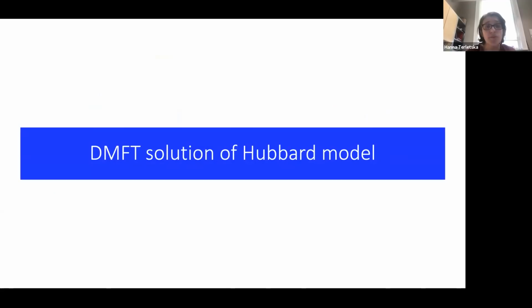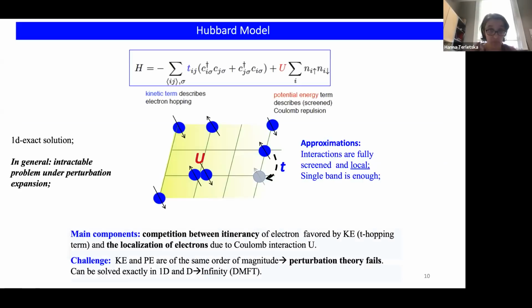And then DMFT came into play in 1989 and 1992, and one of the biggest successes of DMFT was a solution of the Hubbard model, where one can show the metal-insulator transition, a proper description of the metal-insulator transition.